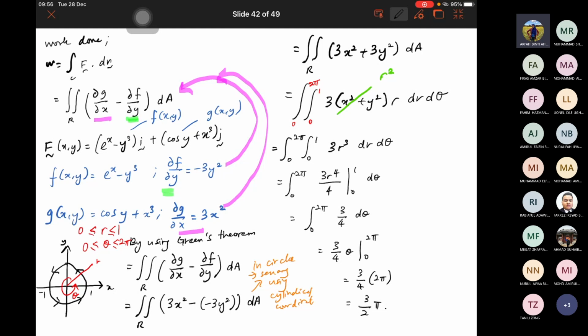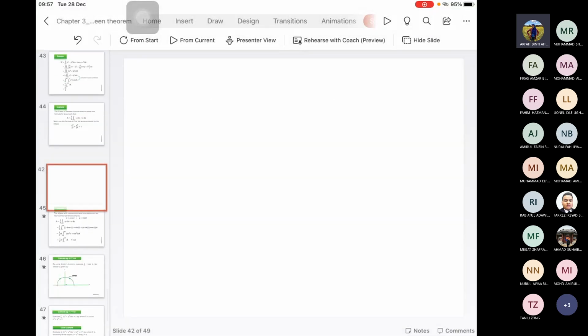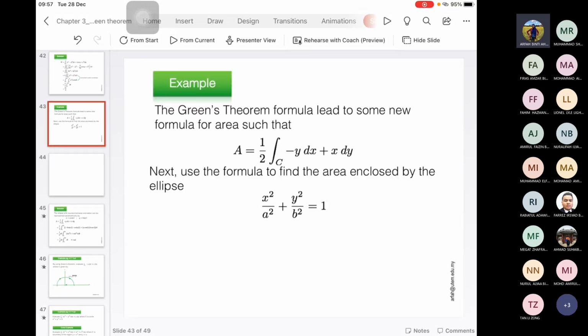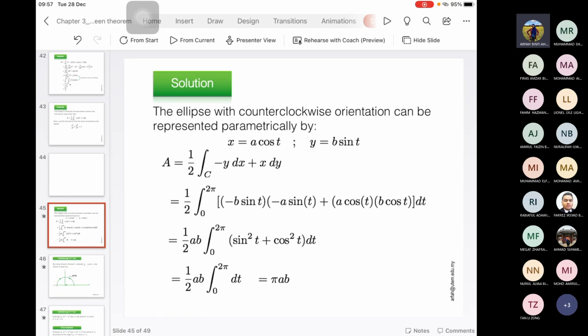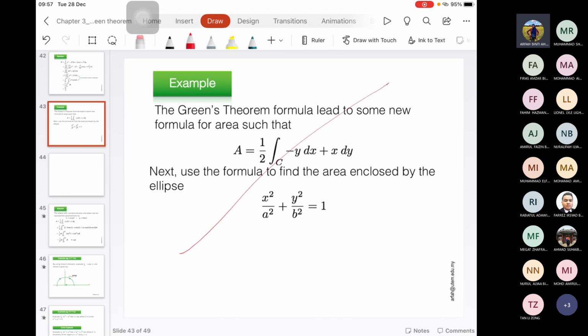So kita tengok kepada the next one. Kita ada yang ini. Ini tak payah tengok sebab dia tak ada apa pun. The important thing yang awak kena tahu is the Green's theorem.